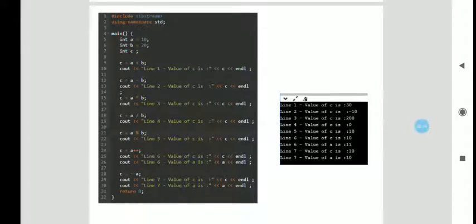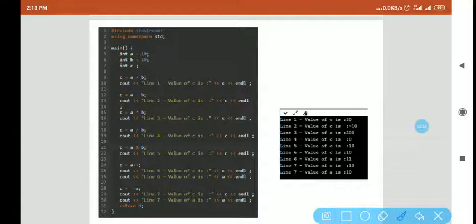Now consider a basic example, the program for the arithmetic operators. Again we are taking similar values. We are defining the integers int a and int b. The value of a is 10 and b is 20, and int c is used for storing the result.